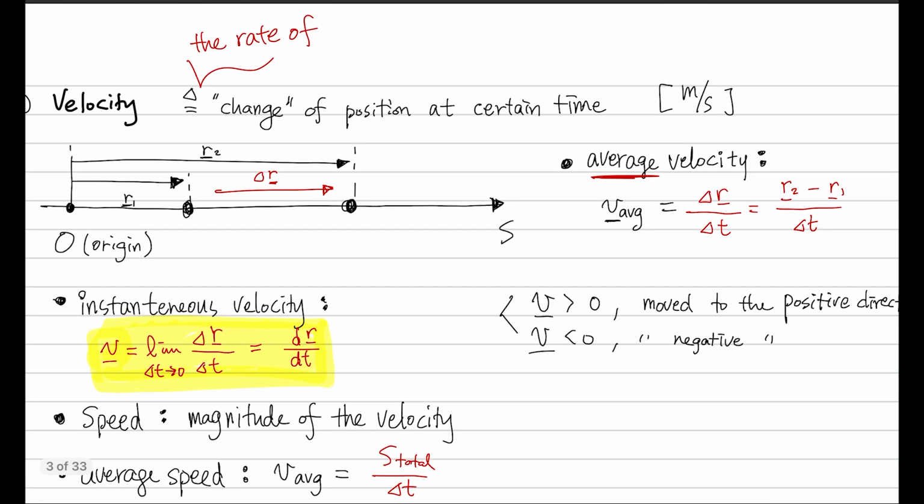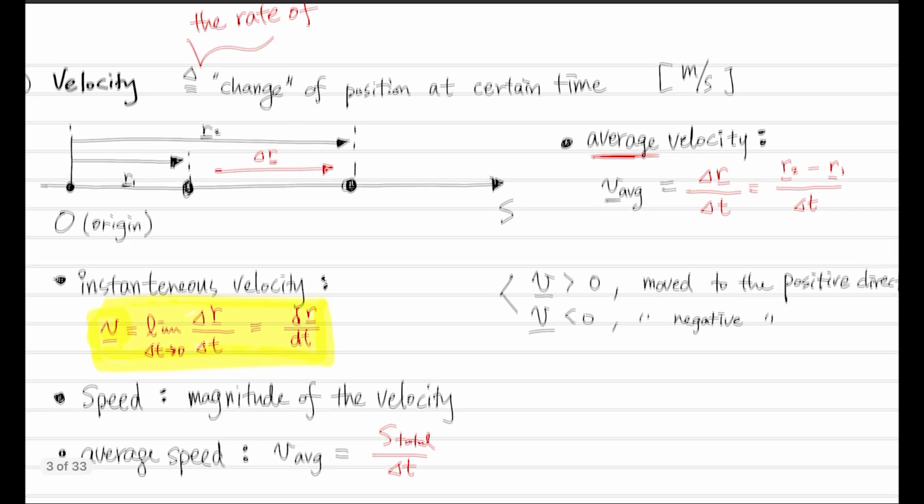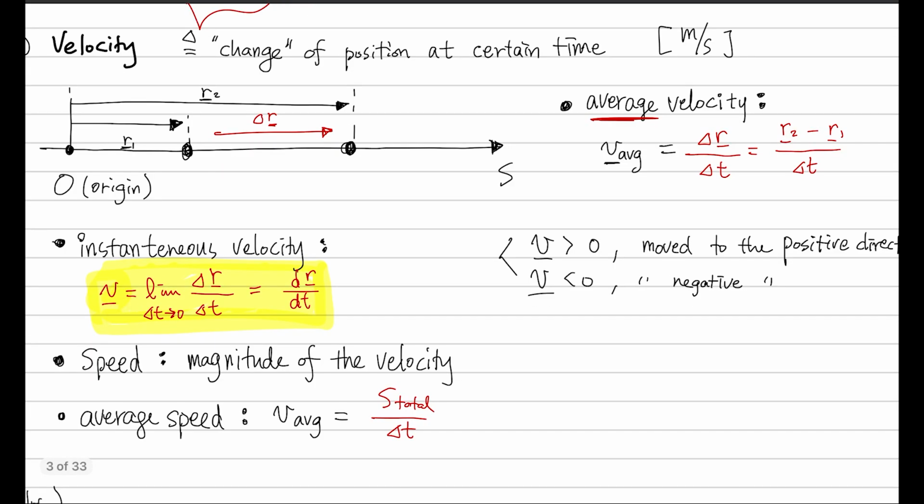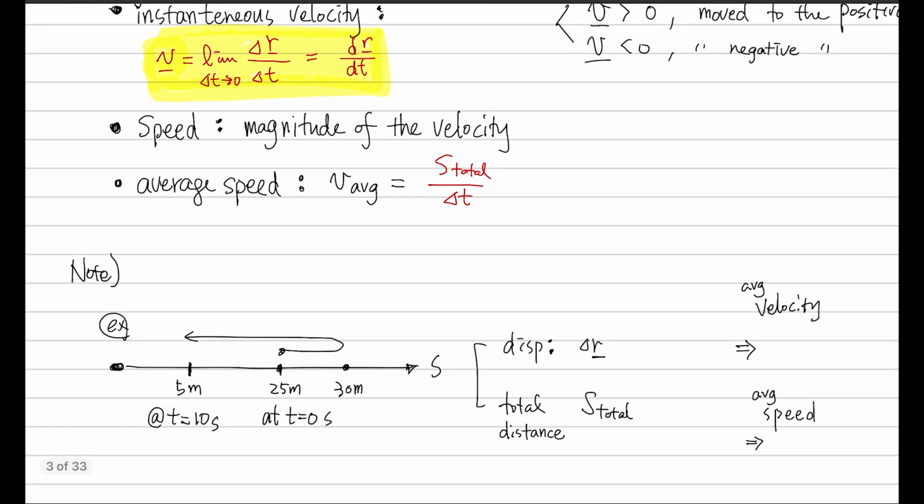So the important thing here is remembering this relationship. Displacement you have, and the rate of change is going to be your velocity, right? And let's note that velocity is not always the same as the average speed as well.